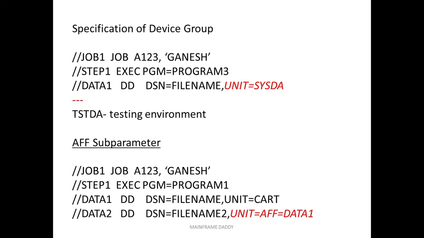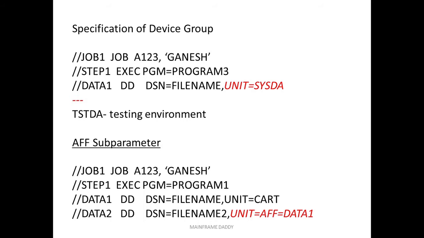The next is the affinity subparameter. The affinity subparameter is used to point to the unit of the previous step. In this program, STEP1, PROGRAM1 and DATA1 is the first file name, UNIT equal to CART, and this will be stored in this unit.